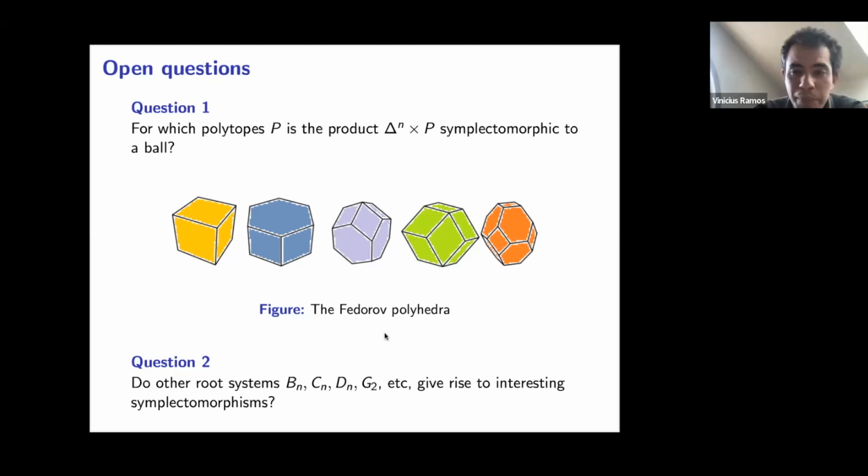For example, if you take A1 times A1 times, like the product of several A1s, then we actually get the symplectomorphism that I had with Sepe in 2019. So with the hypercube. So actually, this is the first Fedorov polyhedra. So we already know this one. And just based on what I tried to look for the other ones, we will get some degenerations of that.